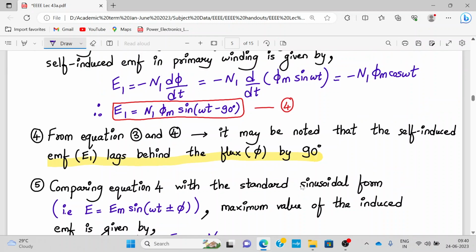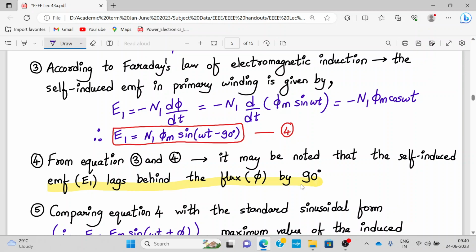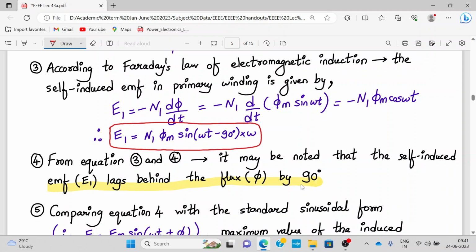We have made one mistake over here: the derivative of sin omega t is omega cos omega t, so omega also will come over here. In this formula we have N1 phi m into omega. This is equation number 4.